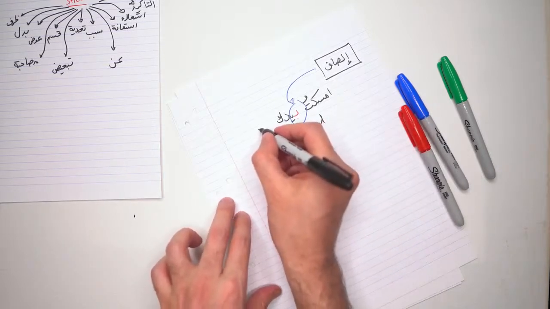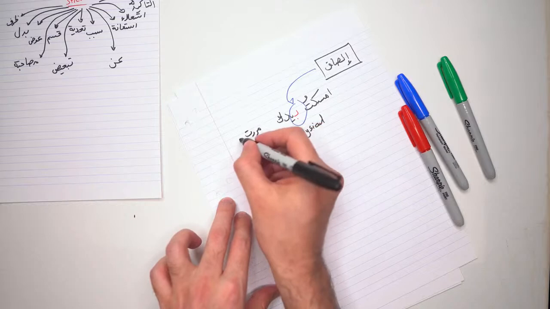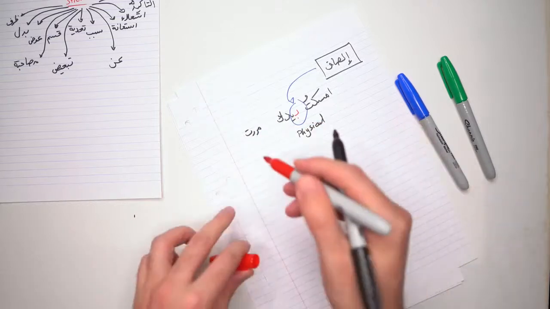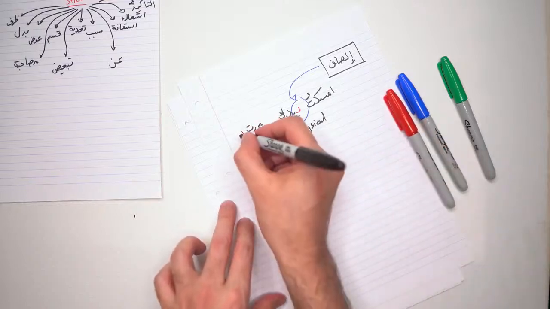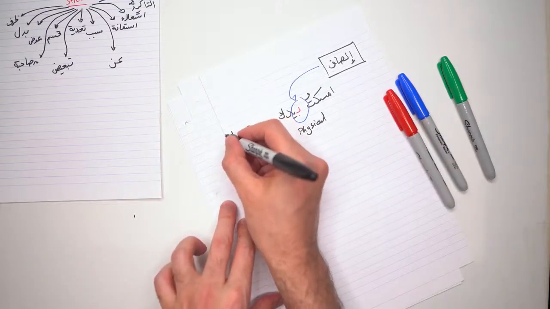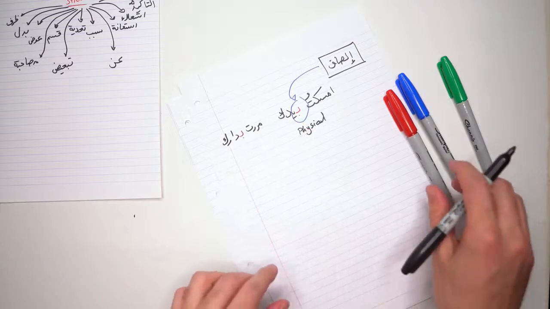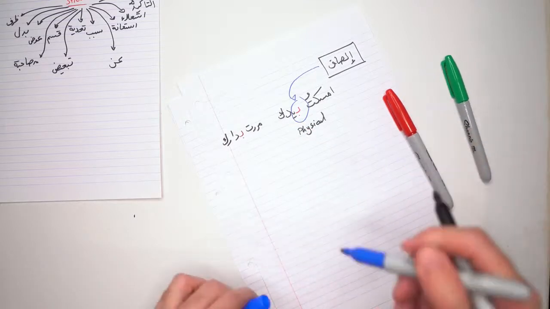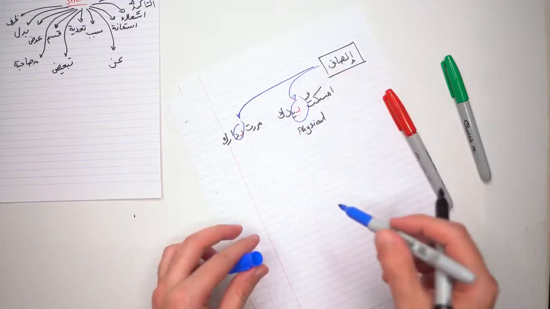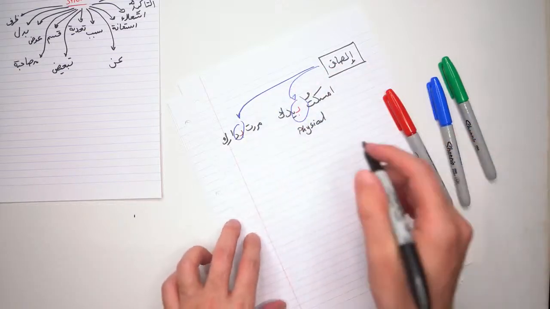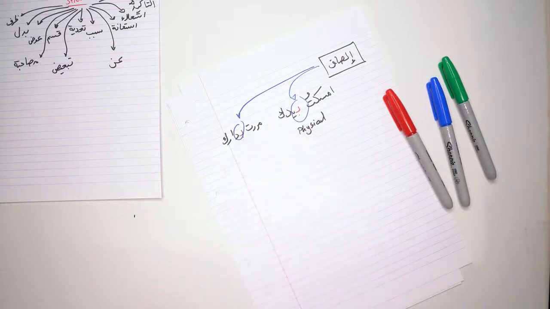This could also be used metaphorically as well. For example, you say marartu bi darika. Here you have the word bi again. I passed next to your house.